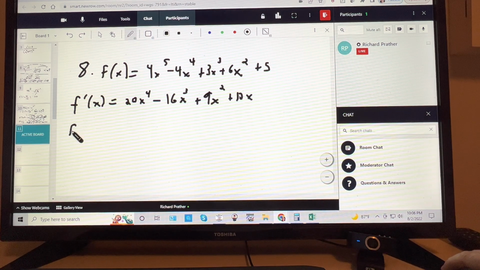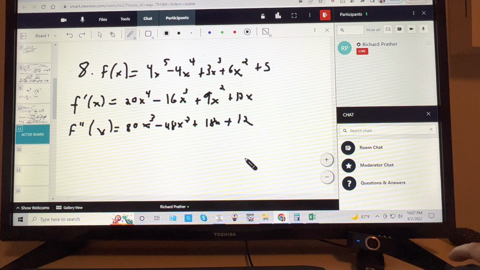Then you do it again and you get the second derivative. 80x to the 3rd power minus 48x squared plus 18x plus 12, because that's just the linear part of the constant of the linear part.